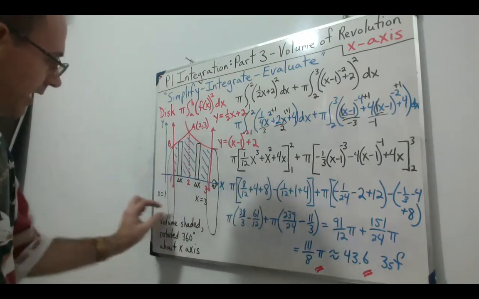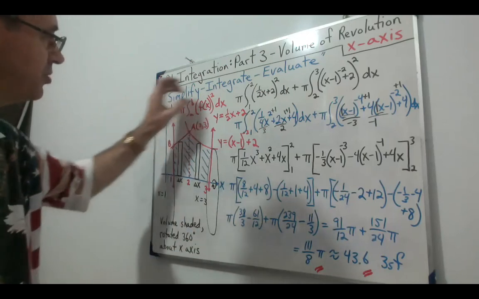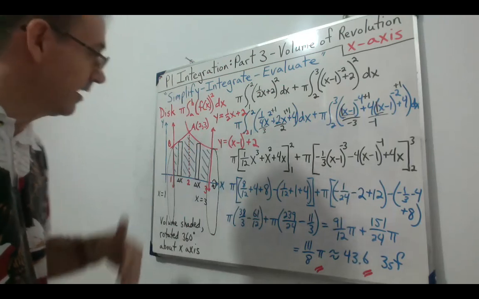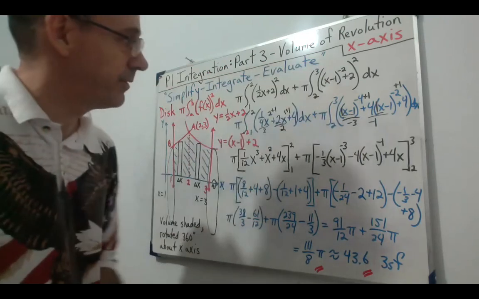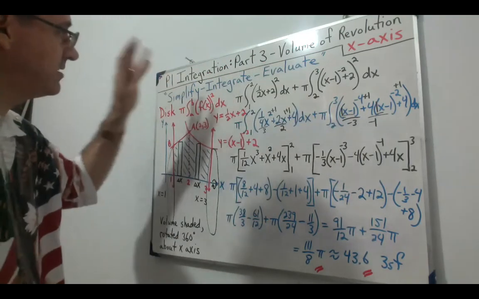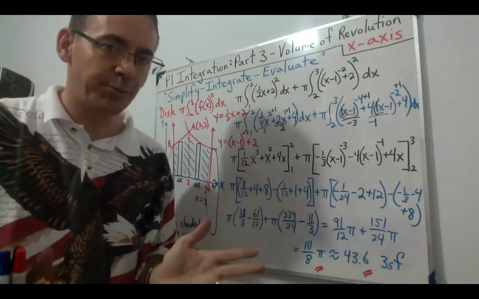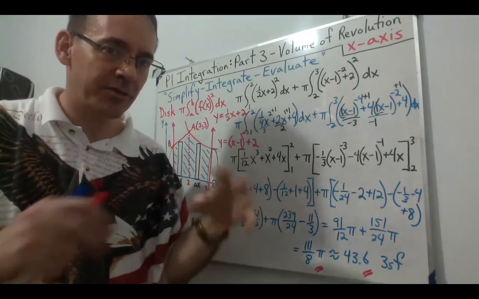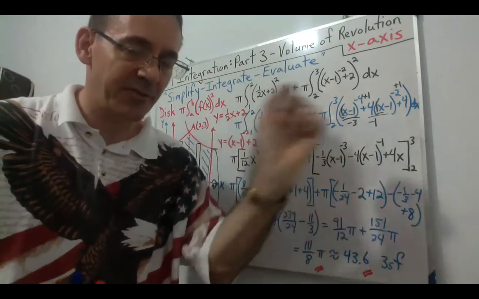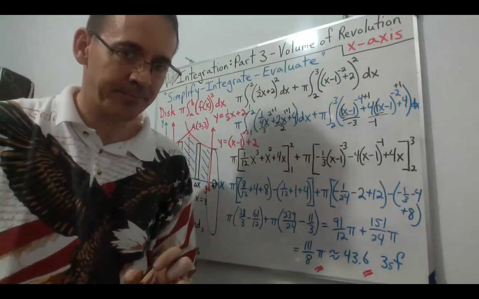You got to realize volume of revolution. You know your formula. You set it up, and you just follow step by step. Simplify, integrate, evaluate. Remember, complicated problems are nothing more than a compilation of a bunch of simple steps.